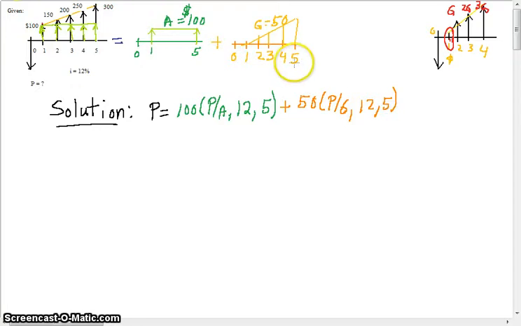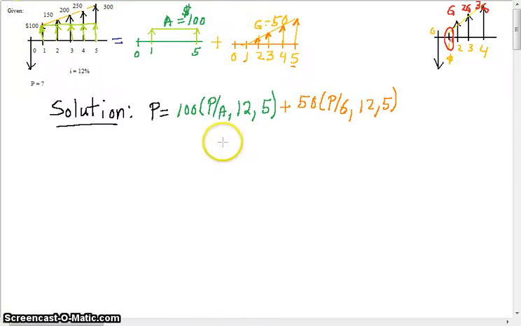Notice it's 5 years, not 4, even though the values are only in 4 of the years, right? 2, 3, 4, and 5, and the first year is 0. It is a 5-year gradient. By definition, if you look in the front of your book and inside the book, you will see that the first year has to be 0.